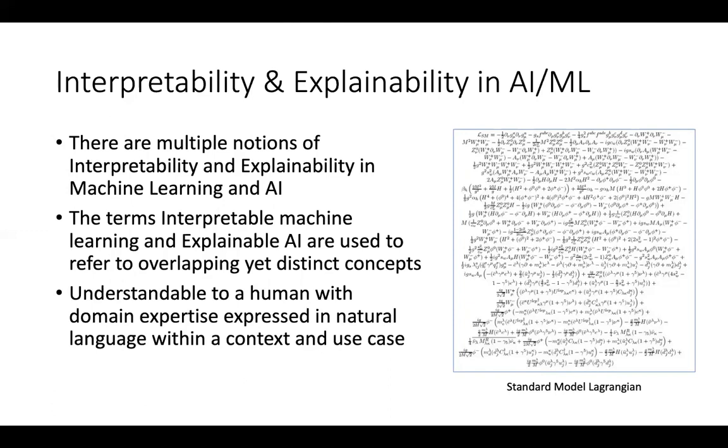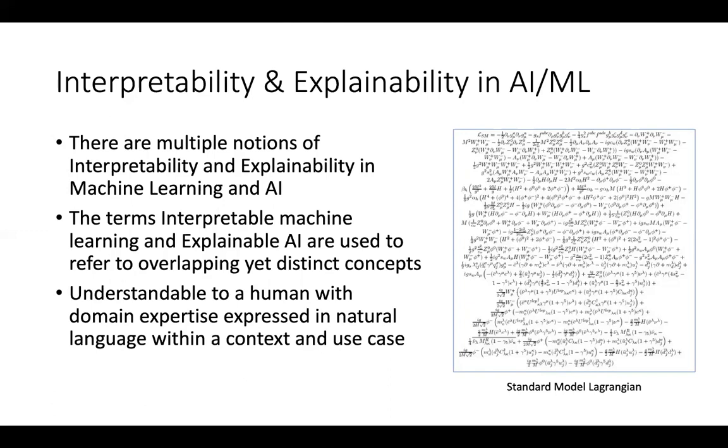In layperson's terms, one way to describe this is that your model or your system is understandable to a human with domain expertise, within the particular context and use case.